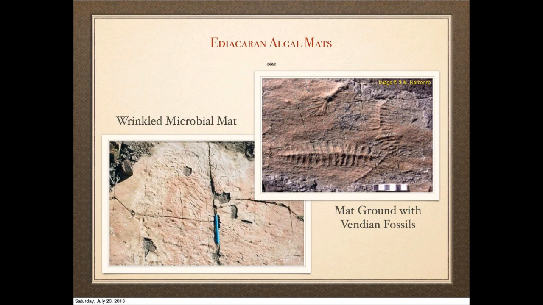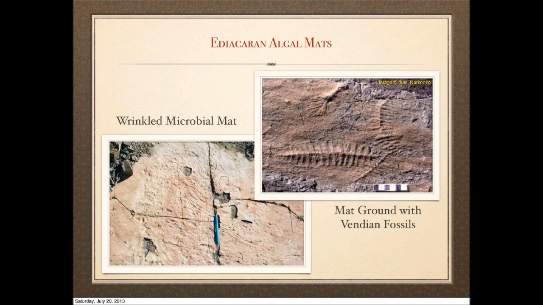They're called mat grounds. So virtually everywhere, the seafloor would have been covered by these sticky, mucilaginous algal mats. And all the multicellular organisms that were living at the time were living on those mats. They were feeding on those mats or using them as a place to attach.